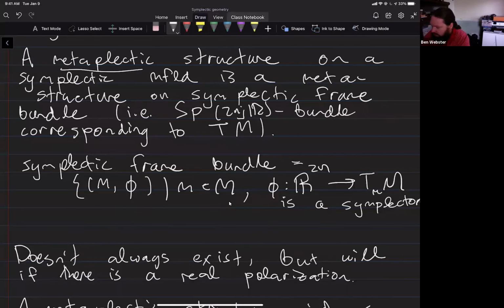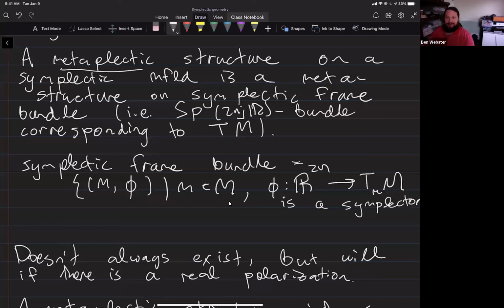All right, cool. So I have this symplectic frame bundle, and I can ask, well, that guy somehow is built out of transition functions in the symplectic group, right?